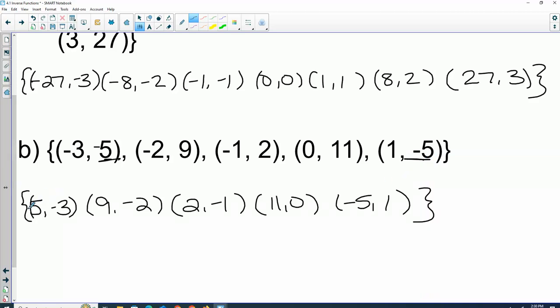When I reverse those points, what's wrong with this? It's not a function. So if it's not one-to-one, the inverse will not be a function. So that's why we only find inverses if it's one-to-one to begin with, because we're only talking about functions right now.